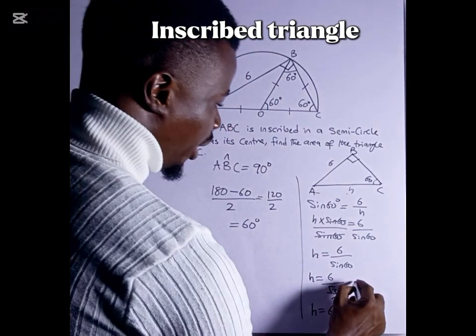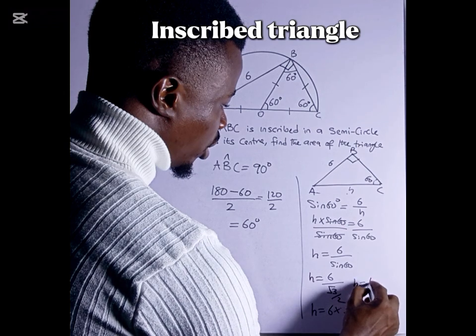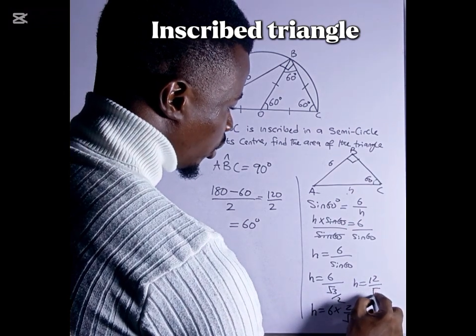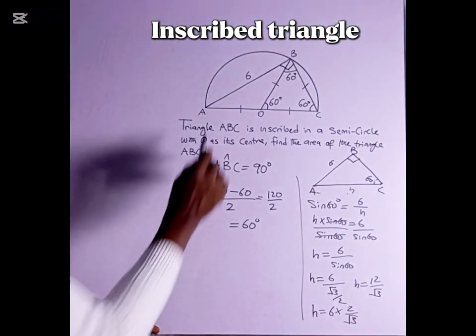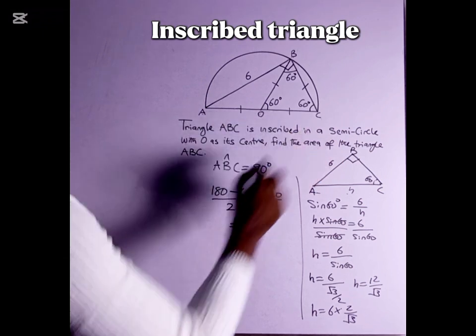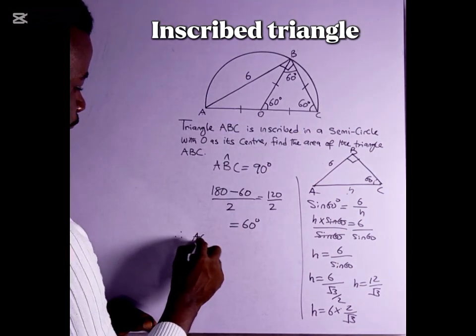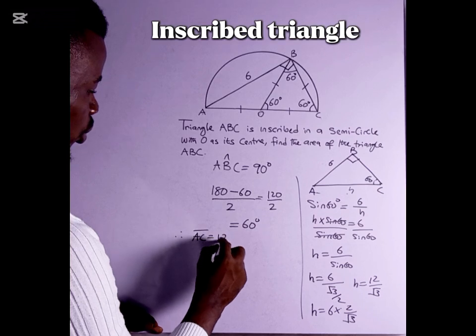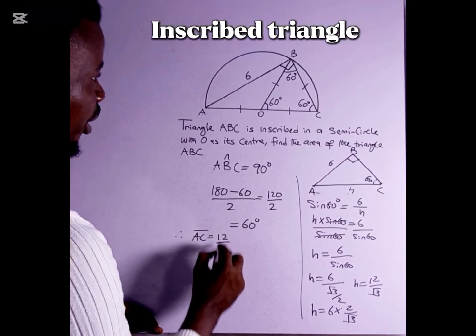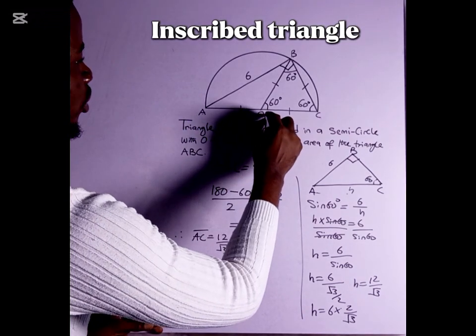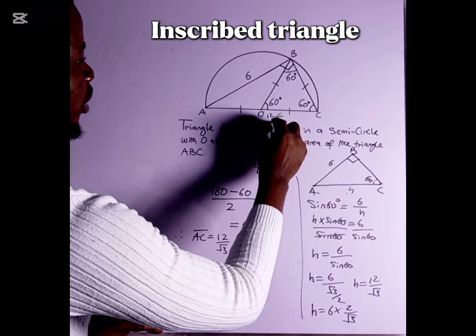So you can say my H is equal to what? 12 over root 3. That means my diameter, line AC, is equal to what? 12 over root 3. So I've gotten my distance here, 12 over root 3.